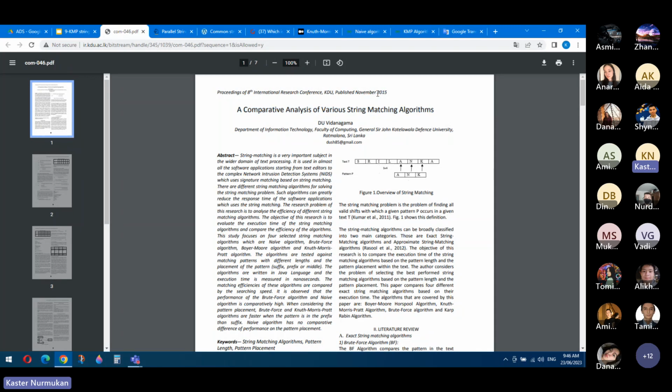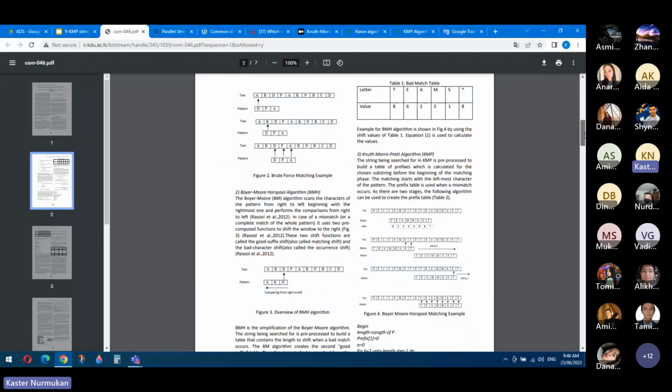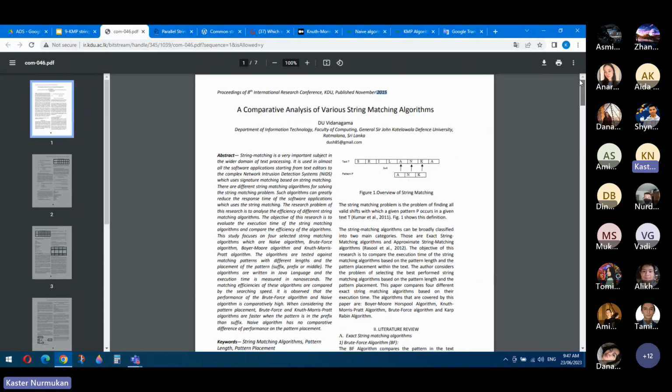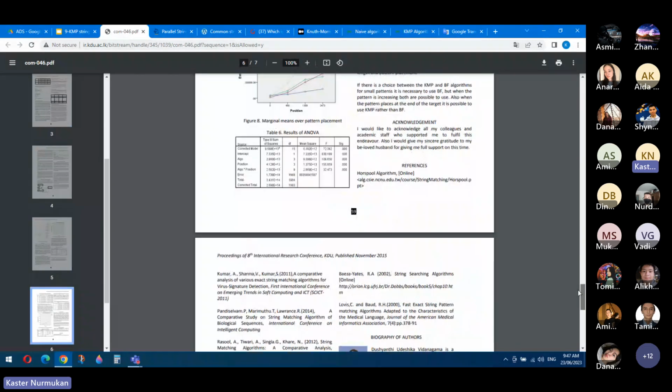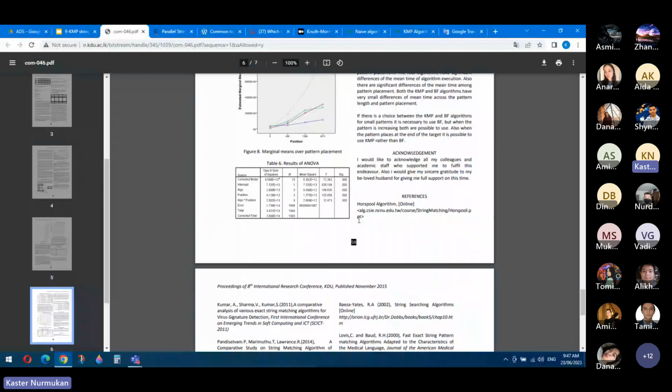They published in 2015, which is good. Then you may be able to try to enhance. You can reference this algorithm. You can see that they compared several algorithms including KMP, but Rabin-Karp doesn't exist there. I don't know why.